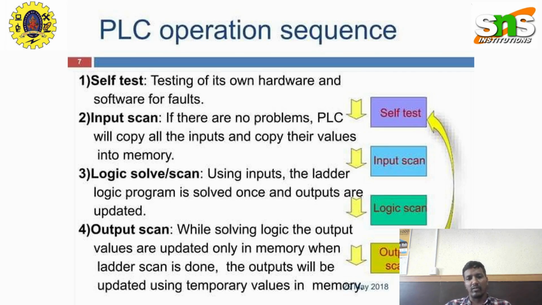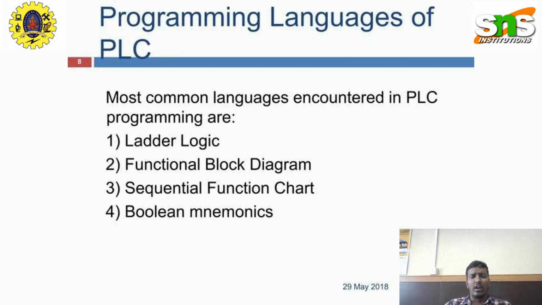In the output scan, while solving logic, the output values are only stored in memory, and when the ladder logic scan is done, the outputs are updated using the temporary values in memory. The sequence is self-test, input scan, logic scan, output scan. We can program using ladder logic, function block diagram, sequential function chart, and Boolean mnemonics.